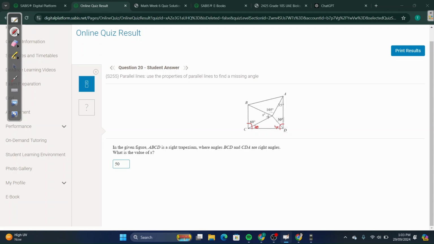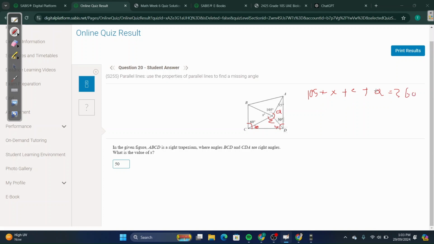Now, this entire angle here, we can draw a circle here, and this circle is going to be 360 degrees. So 105 plus x plus, I'll call this angle z, plus, y is too big to fit in this, I'll call it a, plus a is equal to 360 degrees.